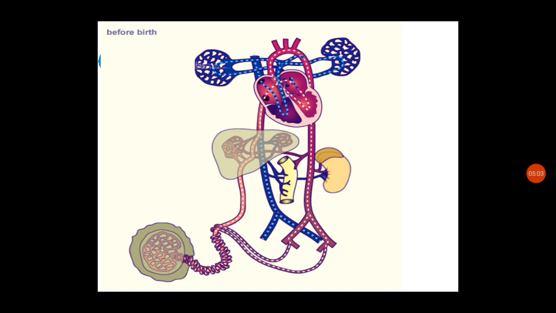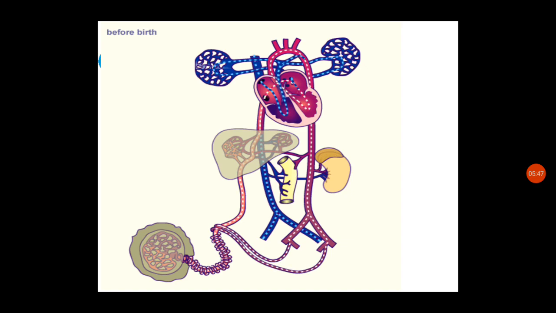When the blood reaches the right atrium, the blood stream is divided into two portions. About 1/3 of the total blood coming from the inferior vena cava into the right atrium crosses the foramen ovale to reach the left atrium.